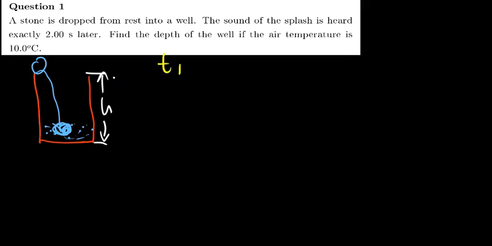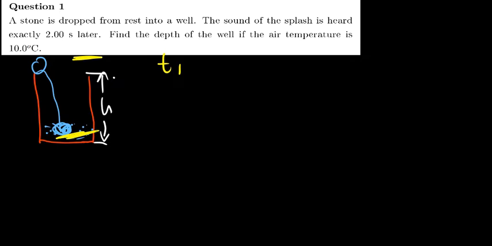Then again, there is a time which it takes for this sound to travel from this level all the way to the top where the person is. So this total time, which is 2 seconds, is the addition of the time it took for this stone to reach down here, and the time it takes for the sound to travel from this point all the way to the top.